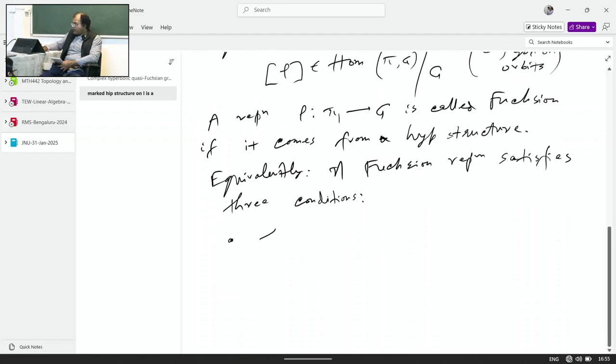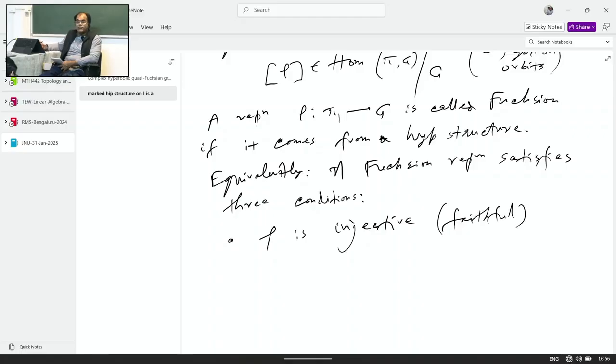The first condition: rho is injective. That means the representation is faithful. Second condition: the image of rho is discrete in G. So, this is a Fuchsian group.